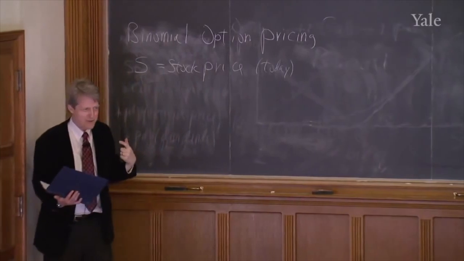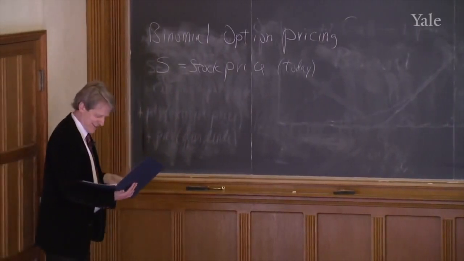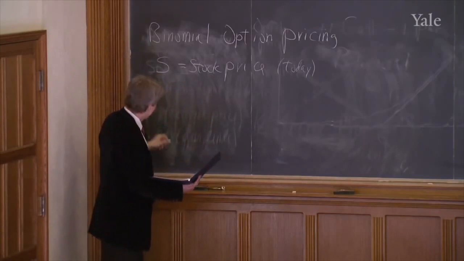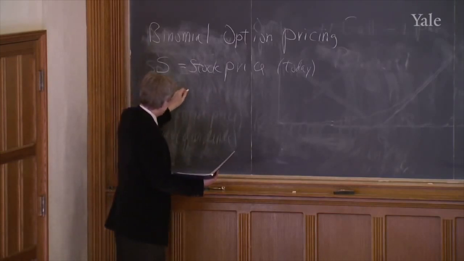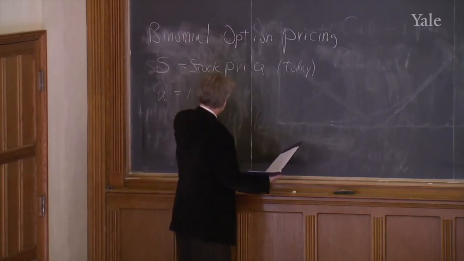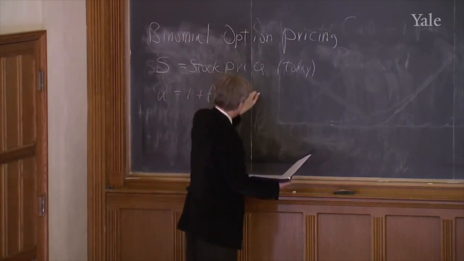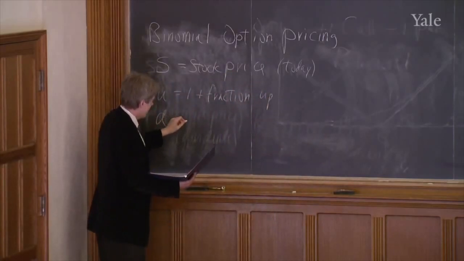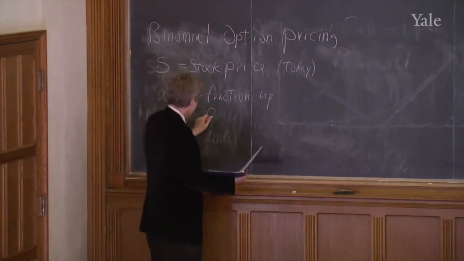The option expires tomorrow. There's only one more price we're going to see. So the stock is either going to go up or down. So U is equal to 1 plus the fraction up. U stands for up. And D is down, is 1 plus the fraction down.